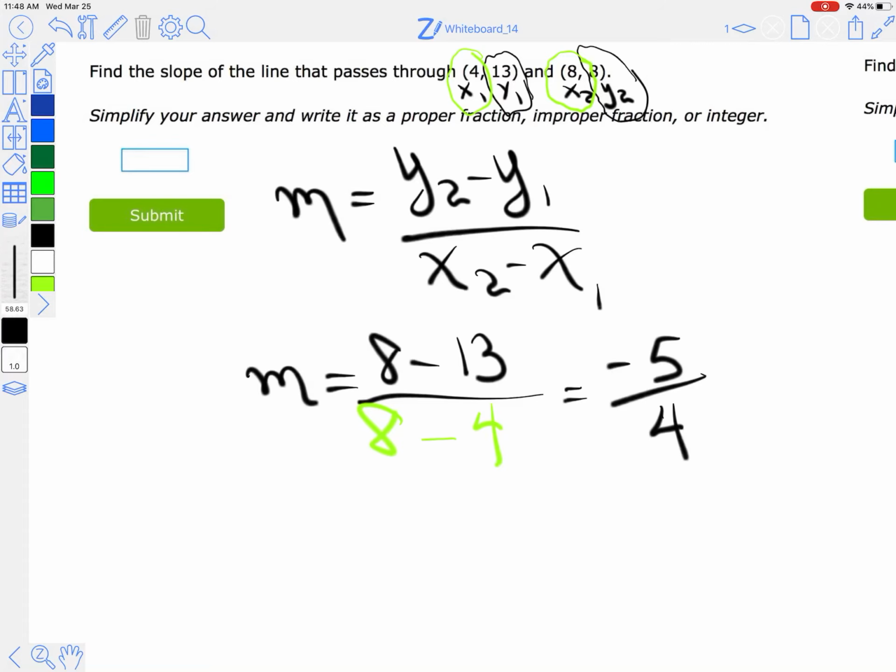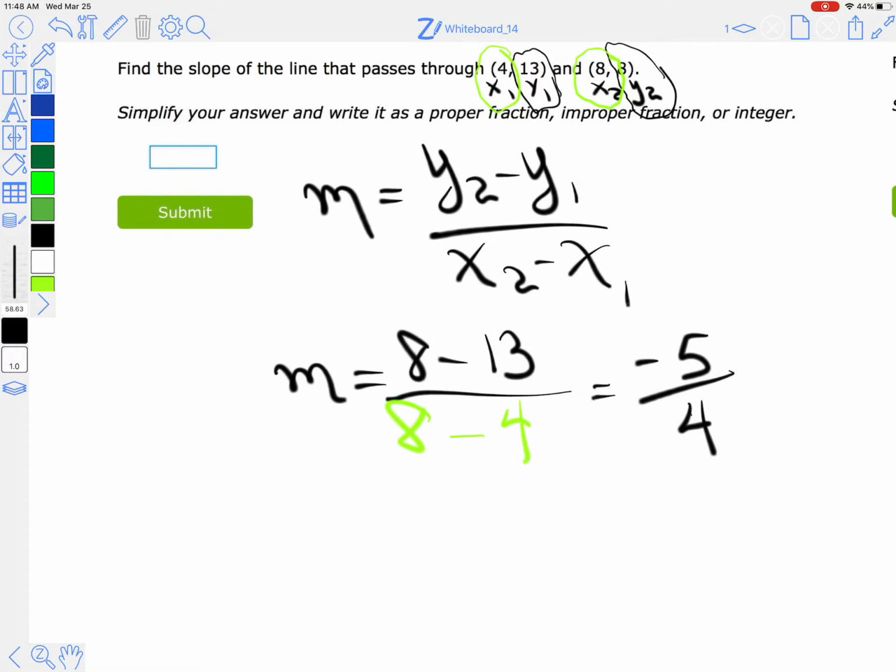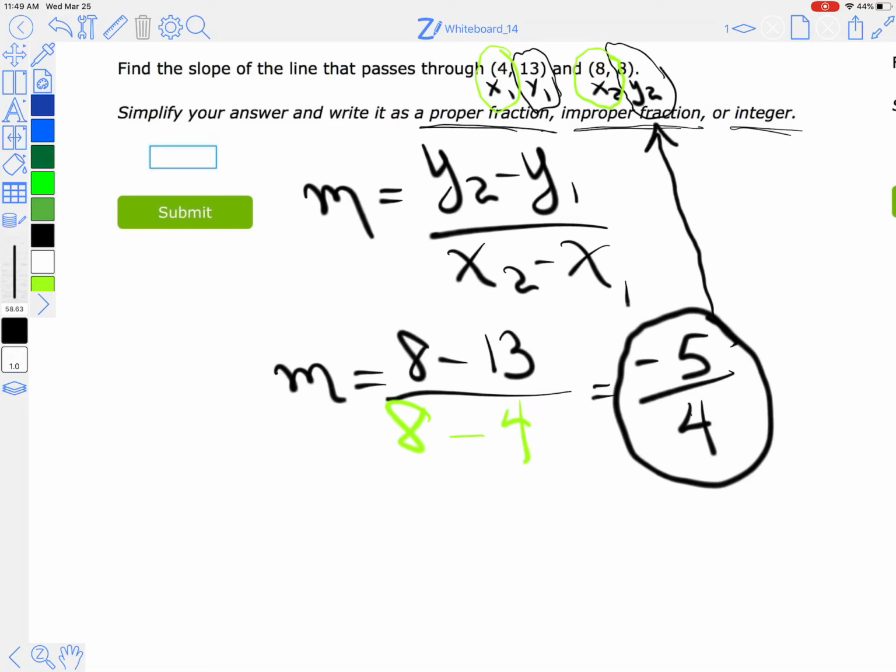So when I enter that in, it says enter it as a proper fraction, improper fraction, or integer. Well, this answer that I just found is an improper fraction. And I'm just going to write it in here simply as negative 5 fourths.